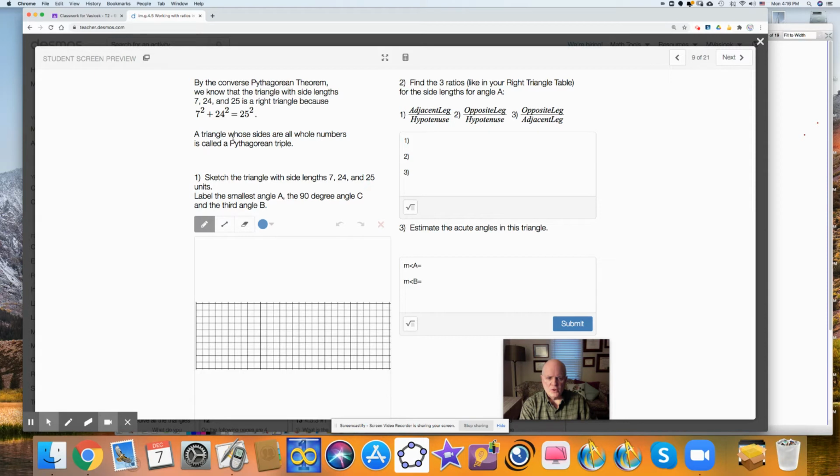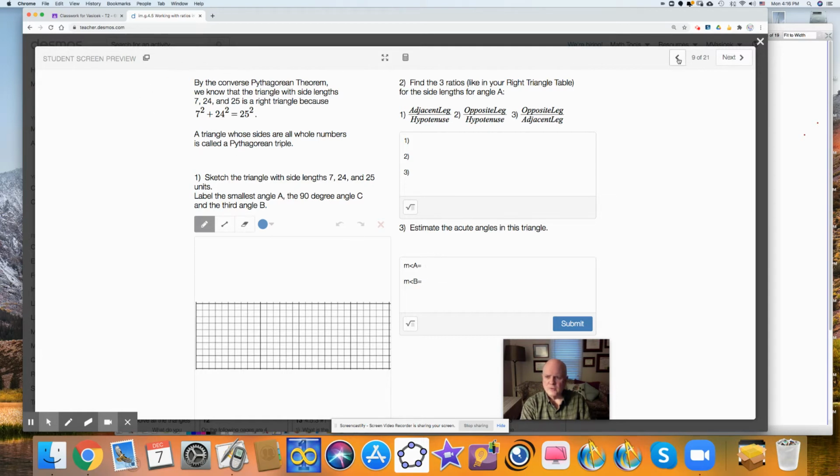So a triangle whose sides are all whole numbers is called a Pythagorean triple. And that's what these are, 7, 24, and 25. Label the smallest angle A, 90 degrees for the angle C, and the third angle, angle B. And here we're going to make estimates to find A and B.